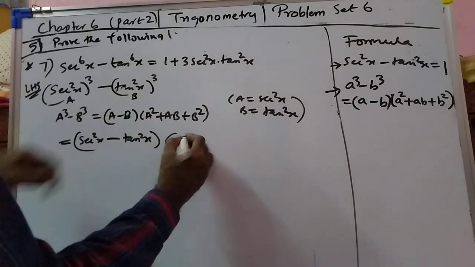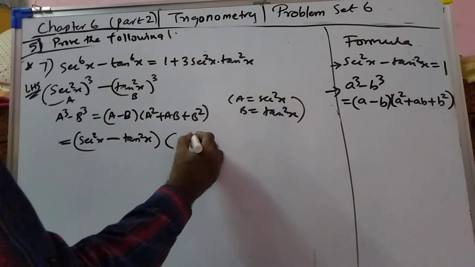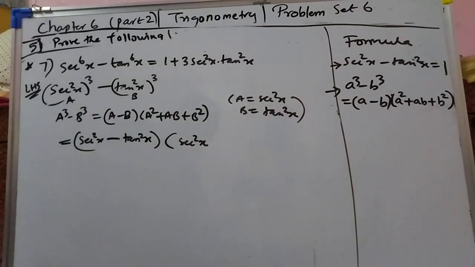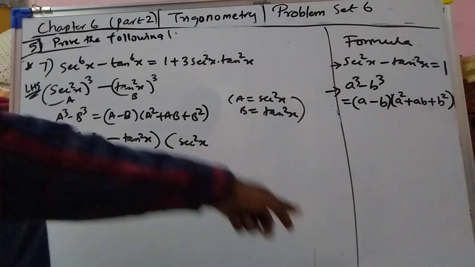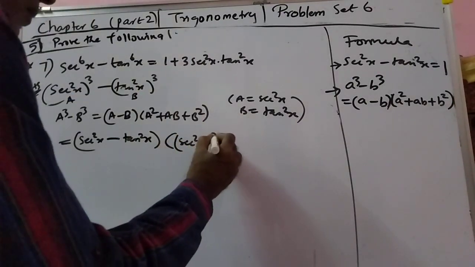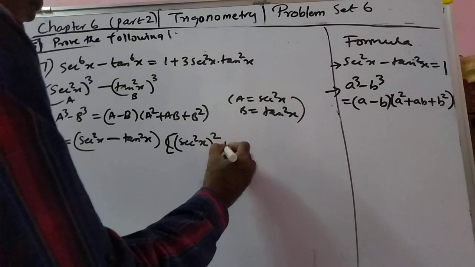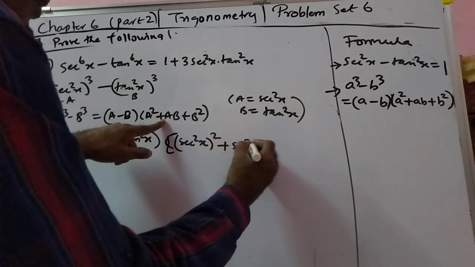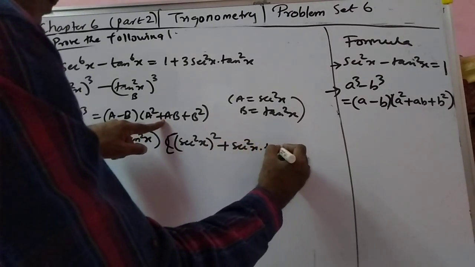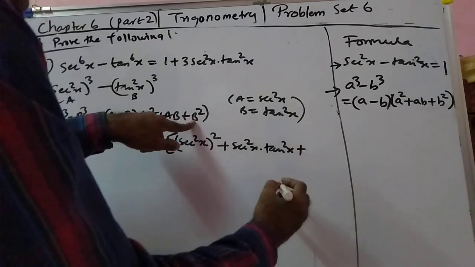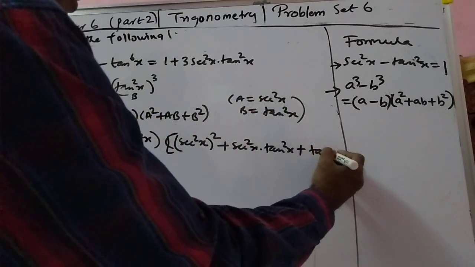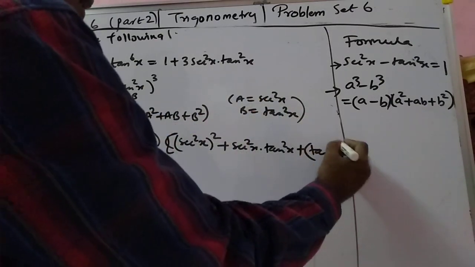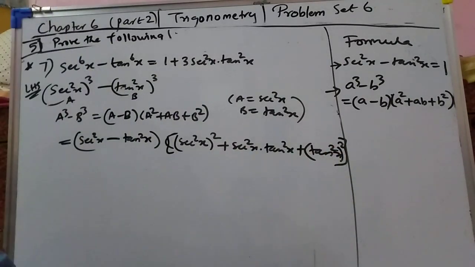That will become sec square x minus tan square x, times sec square x the whole square, that is sec raised to 4, plus a times b, sec square x dot tan square x, plus b square, meaning tan square x the whole square.